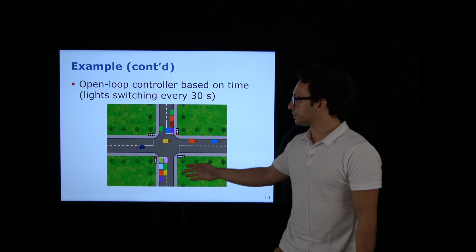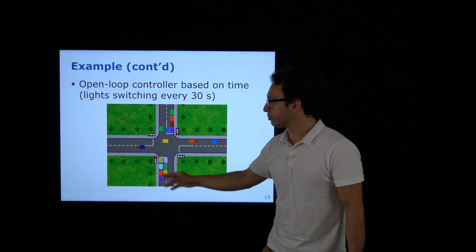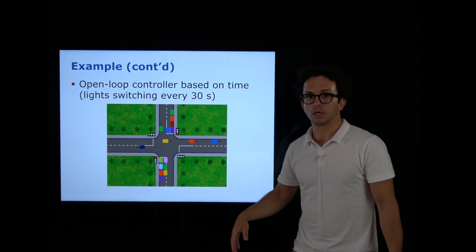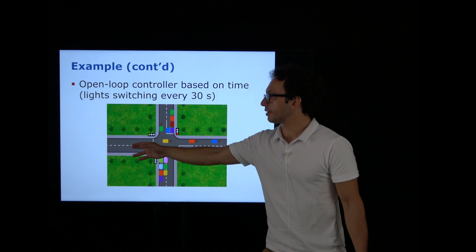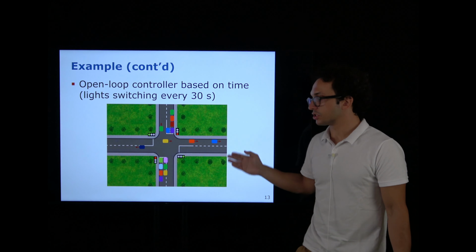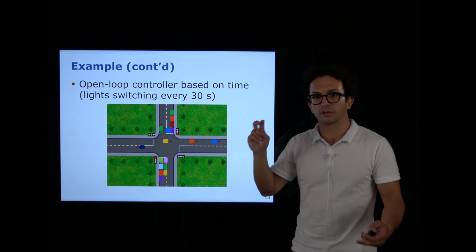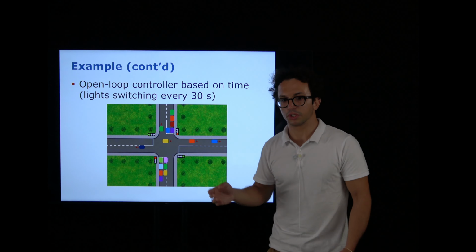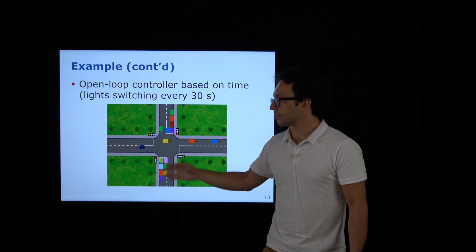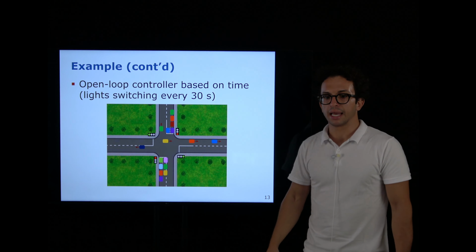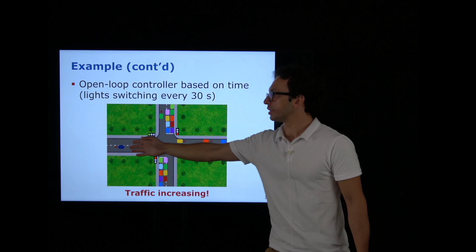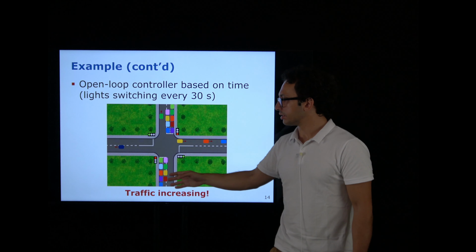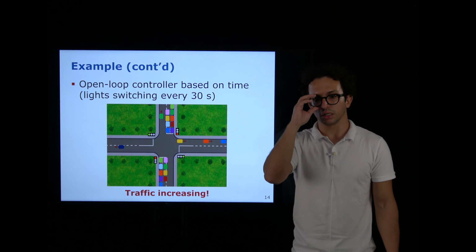So there are more and more cars coming from these directions, so cars accumulate and there's traffic now, while in these directions where the lights are green, at the moment there's no one. So there's no adaptive traffic light switching, but just time-based traffic light switching. And then the open loop controller basically creates traffic because there's no one here passing through while there's a lot of people now accumulating on the other side.